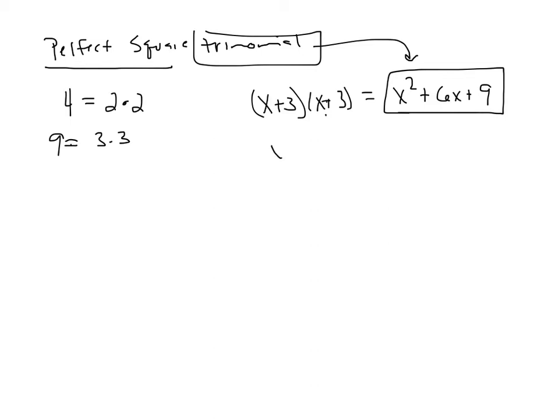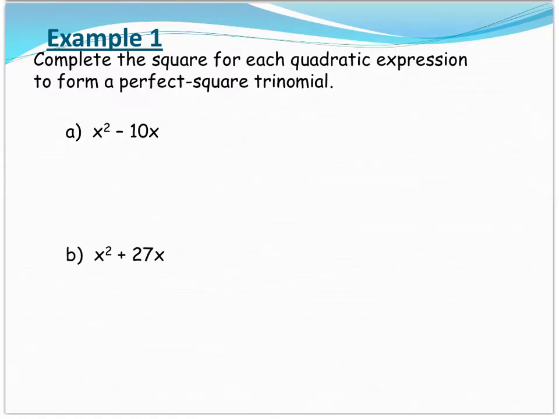Another example, looking at it in standard form: this is a perfect square trinomial because when we factor it, we get two factors that are the same. And that's what a perfect square trinomial is. So when we're completing the square, this is what we're creating, and it makes it easier for us to solve these problems. So here are some examples.